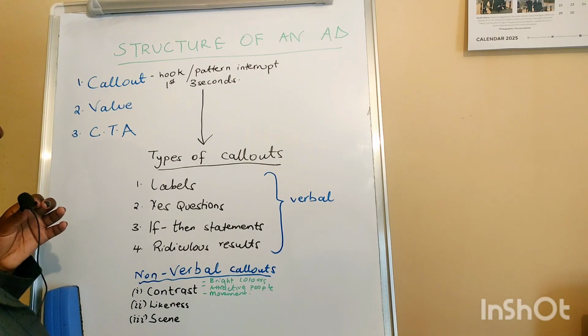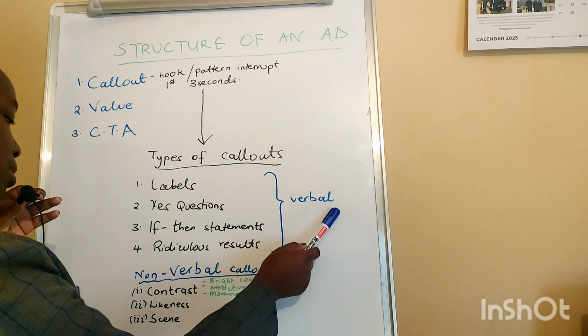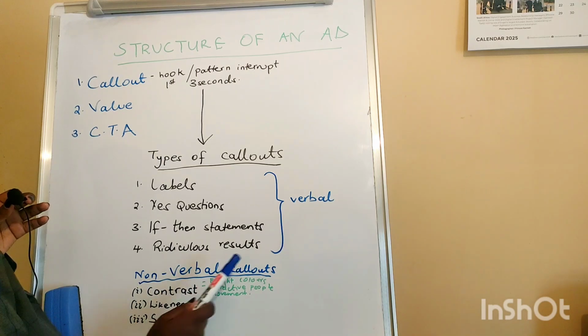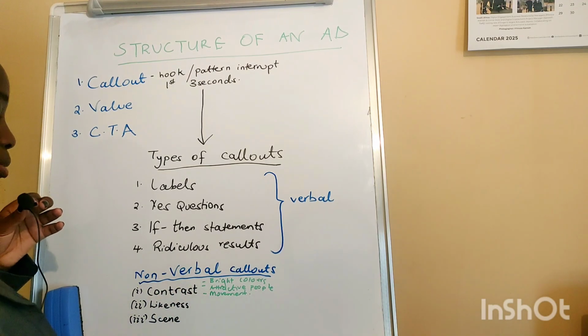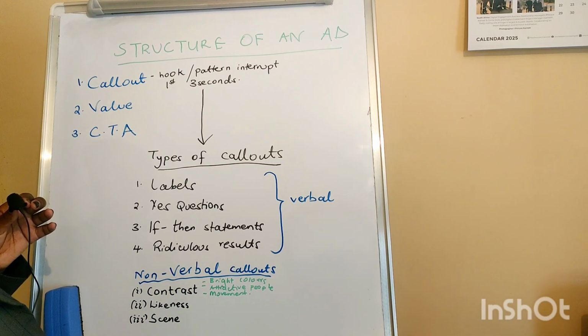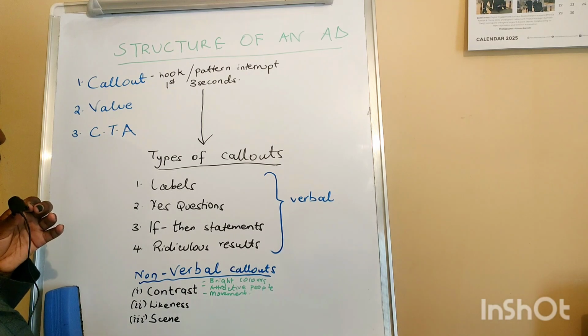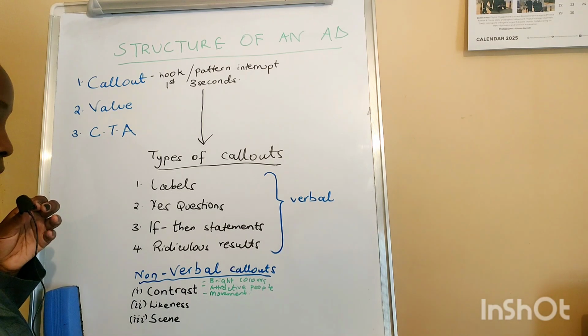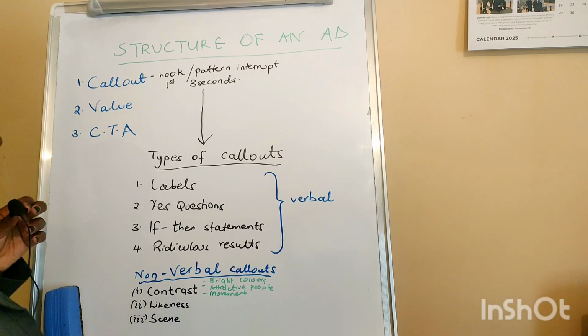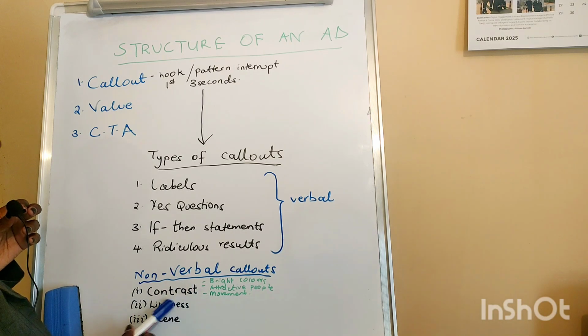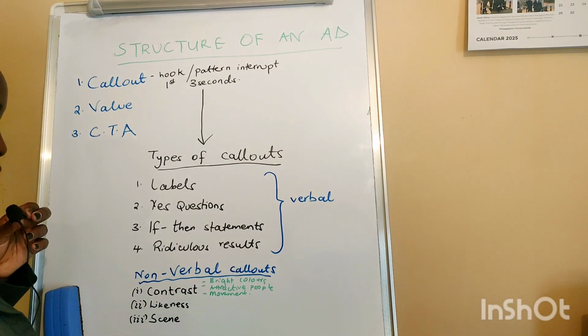Right? So when it comes to call outs, we have verbal call outs and we have non-verbal call outs. Non-verbal call outs are, for example, what people are wearing, how the image of your ad looks. There's a structure also for non-verbal call outs. Number 1, contrast. You can use contrast in your ad.